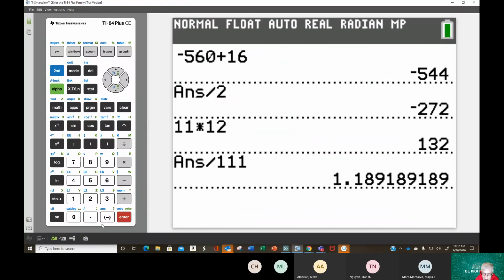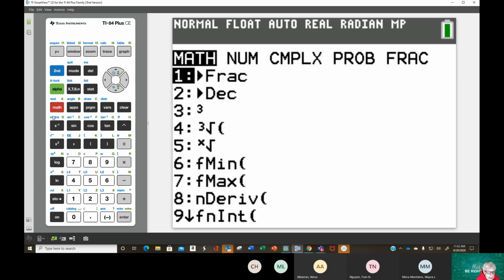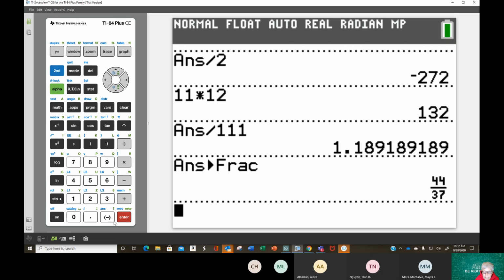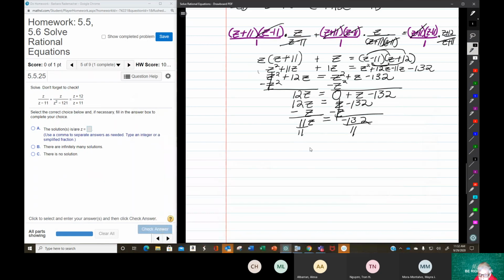Oh, heck. All right, well, let's math bracket and see. 44 over 37. Okay. So Z, much to my chagrin, is going to equal negative 132 over 11.